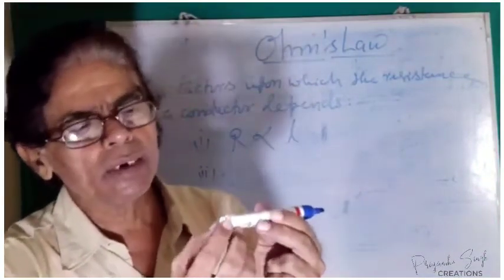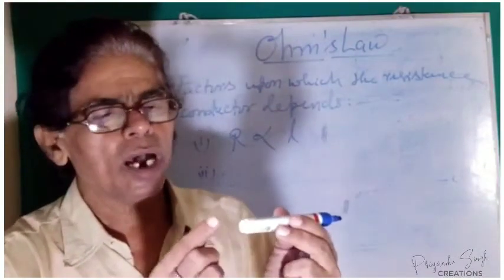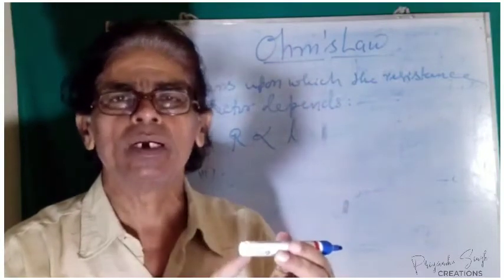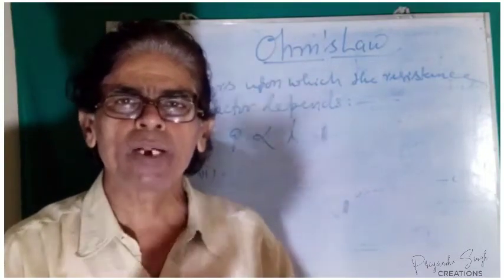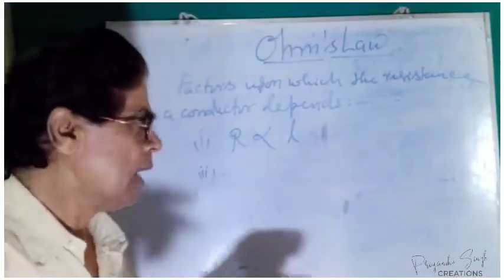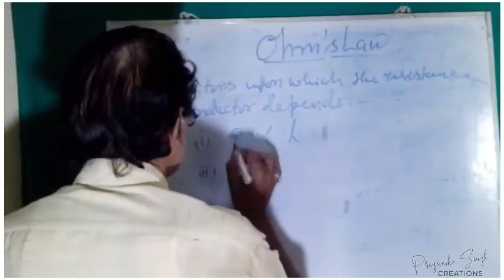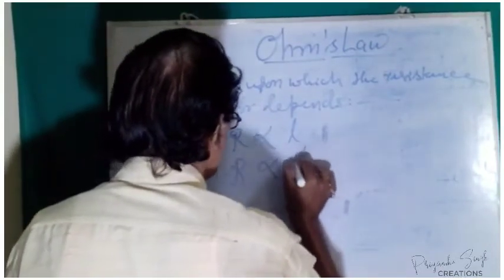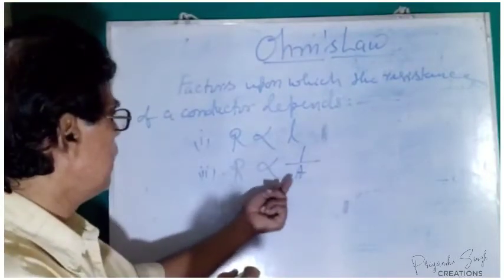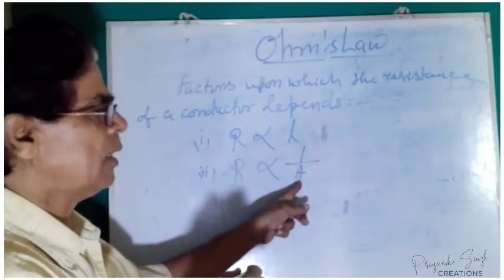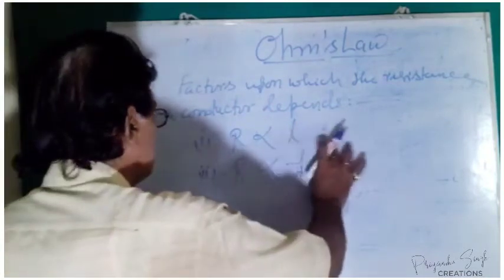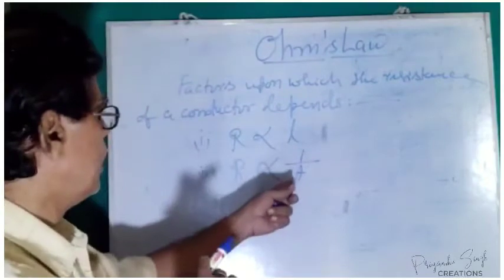So larger the area of cross section, smaller will be the resistance of the conductor. So this can be expressed in the proportional relation as R is inversely proportional to area of cross section, represented by A. So R varies as 1 by A.